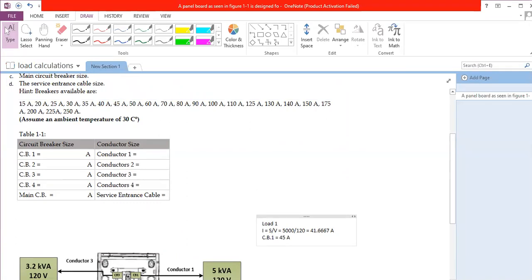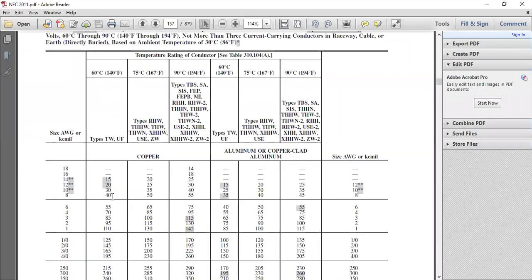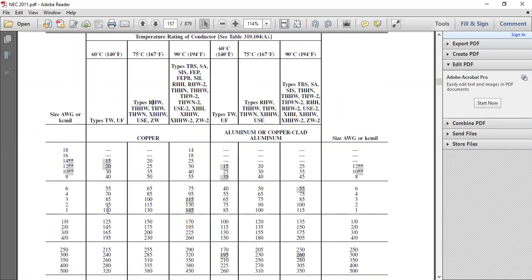Okay, right. What about the conductor? Conductor 1 will be selected from the table. We will go back to this table here, and I will look for 45 ampere. We have to go to the first column. We have 15, 20, 30, 40, and then 55.